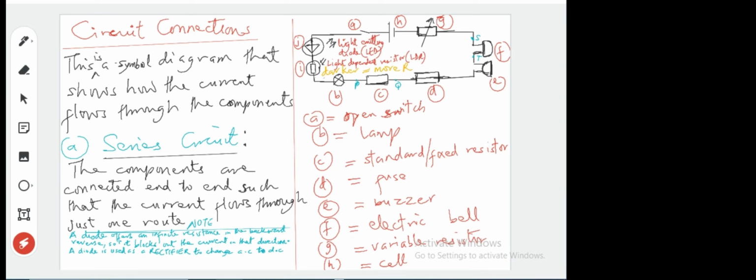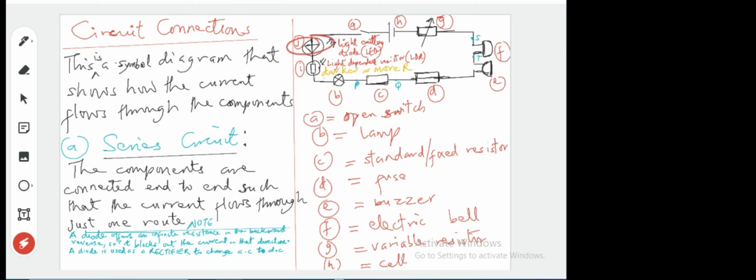Let's go. First of all, a circuit itself is a symbol diagram that shows how the current flows through the components. Using symbols to show how the current flows through the components, they could be parallel, they could be series. A circuit generally is a symbol diagram that shows how the current flows through the components.